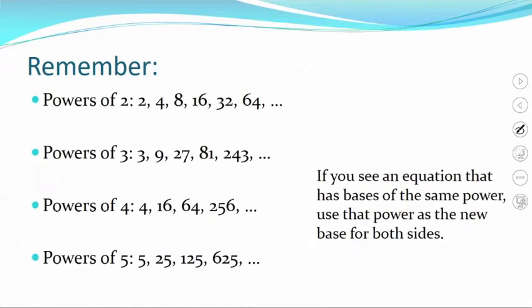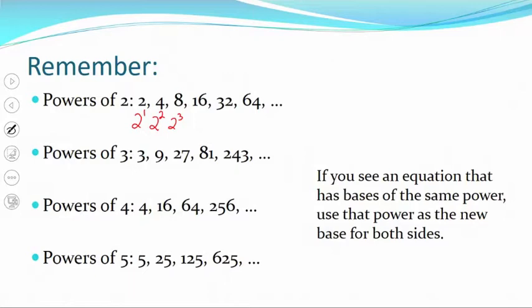Before I get to that example, though, I'm going to show you the pattern of numbers you need to know or be able to recognize to do it the method 1 way. So here's a list of numbers that you want to get yourself familiar with. Powers of 2 are 2, 4, 8, 16, 32, and 64, etc. This is because 2 is 2 to the 1st power, 4 is 2 to the 2nd, 8 is 2 to the 3rd, 16 is 2 to the 4th, etc. Right?